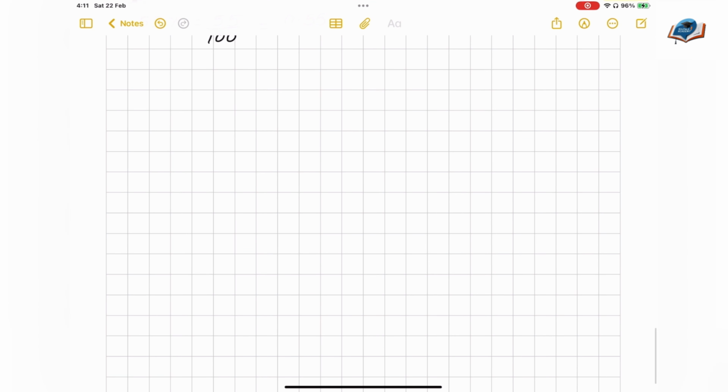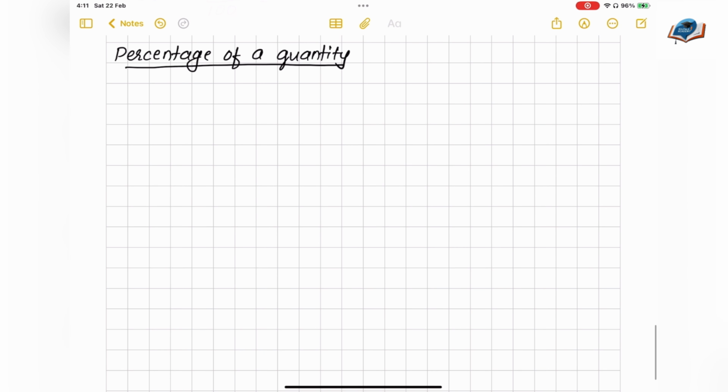Now, with this, one more pattern is asked, percentage of a quantity. That means, let me make you understand this: X% of Y will be X into Y upon 100.